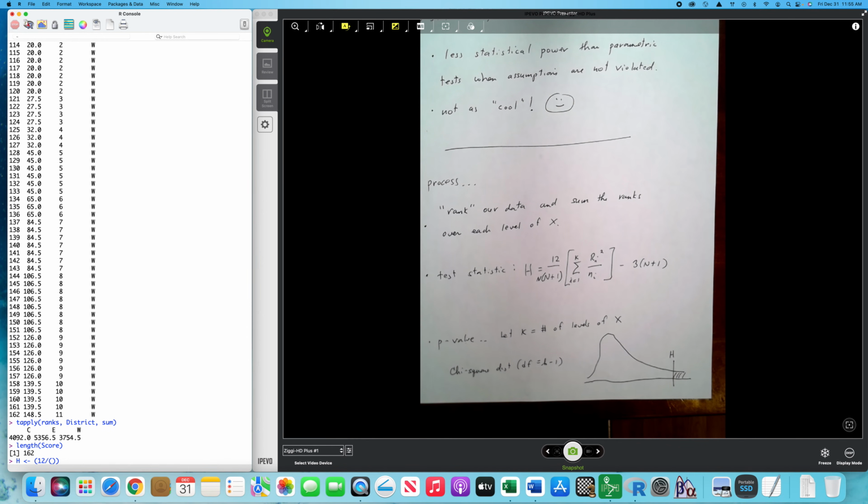So I need 162 times 163. All right, then I need times the rank squared for the first, so 4092 quantity squared divided by what was it, 50?